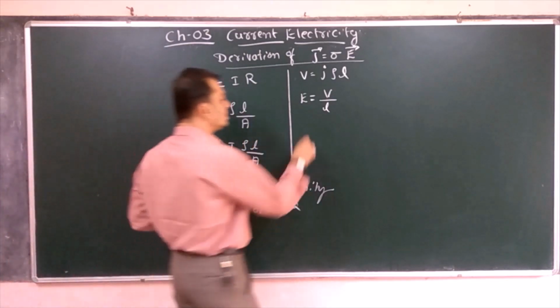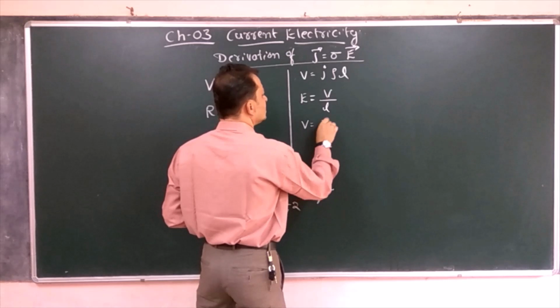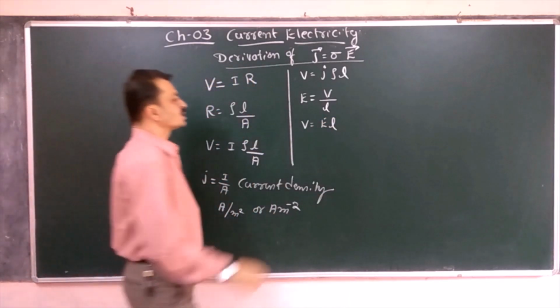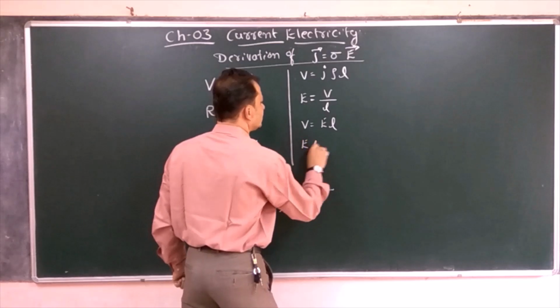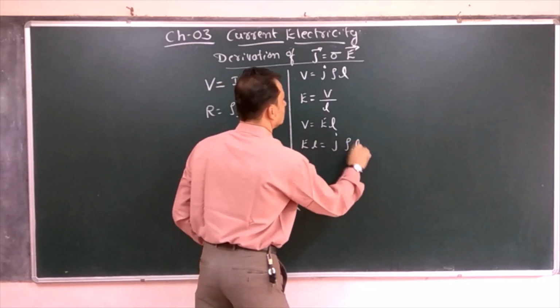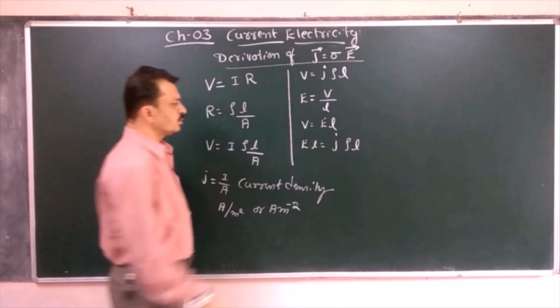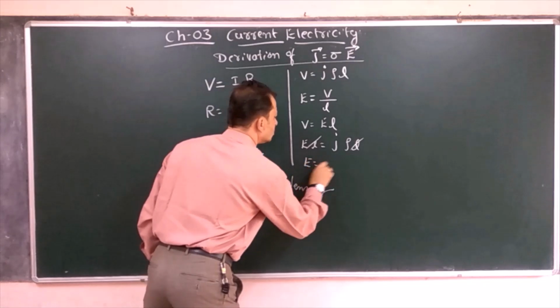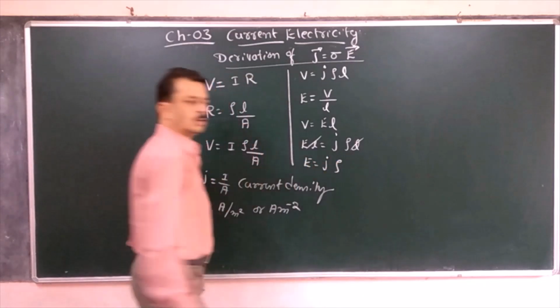Therefore V is equal to E into L. Now substituting that in the above expression, I will get E into L is equal to J into rho into L. Now L gets cancelled. Therefore E is equal to J into rho.